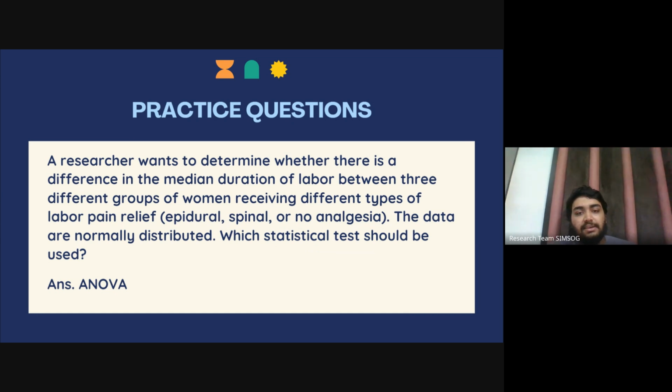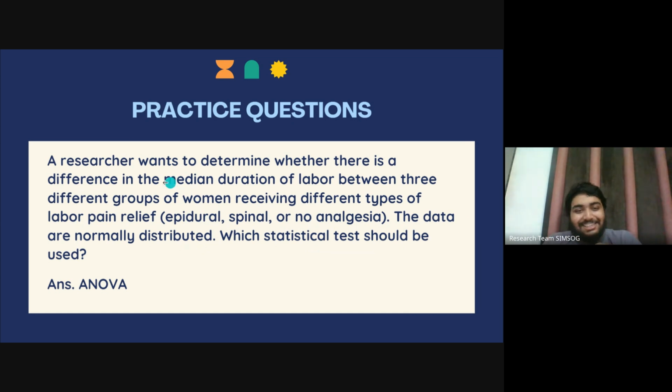Here there is a catch, that they want to compare the difference in median. If the statement that it is normally distributed was not given, then the answer is the Kruskal-Wallis test.